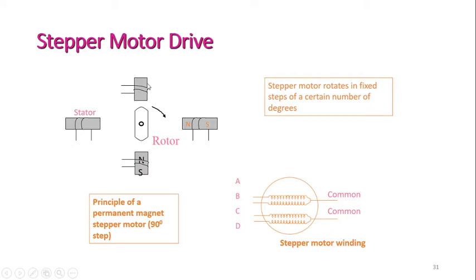So that purely depends on in which form you are applying the pulses to the coils. In simple terms, how you are energizing the coils, in which format, based on that the rotor is going to rotate clockwise or anti-clockwise.